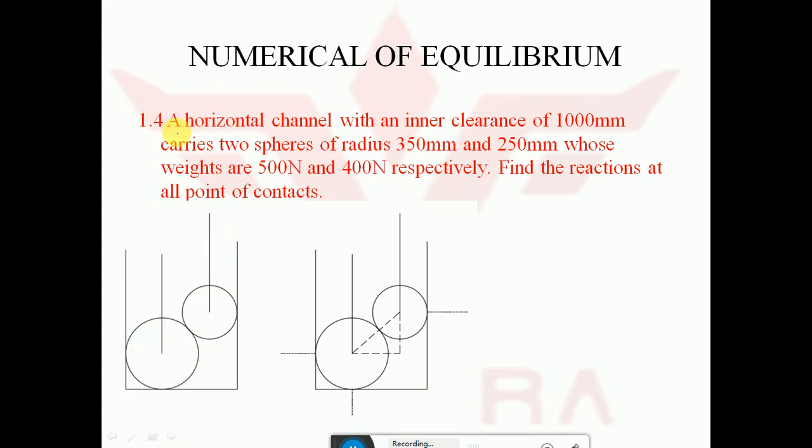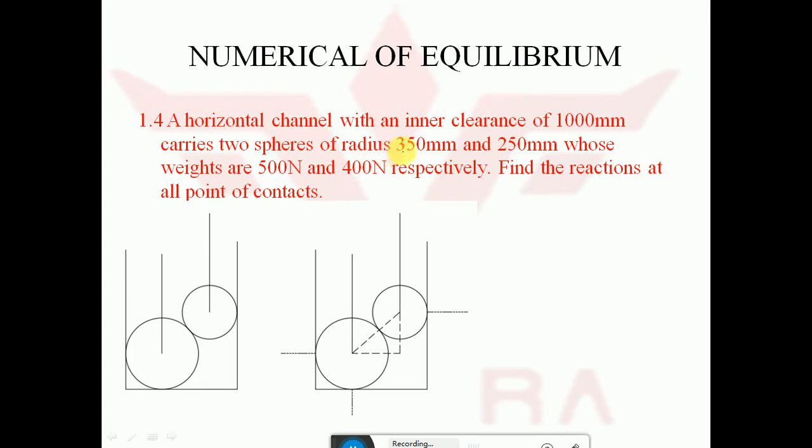See here, this is the given problem. A horizontal channel with an inner clearance of 1000 mm. This is the channel, this U shape, and its inner clearance, from this corner to this corner, the interior length, is 1000 mm.